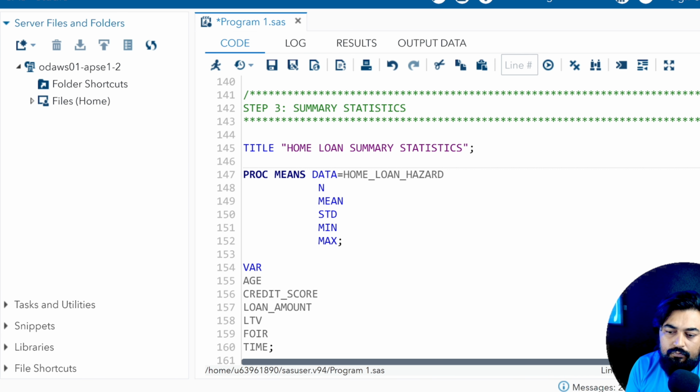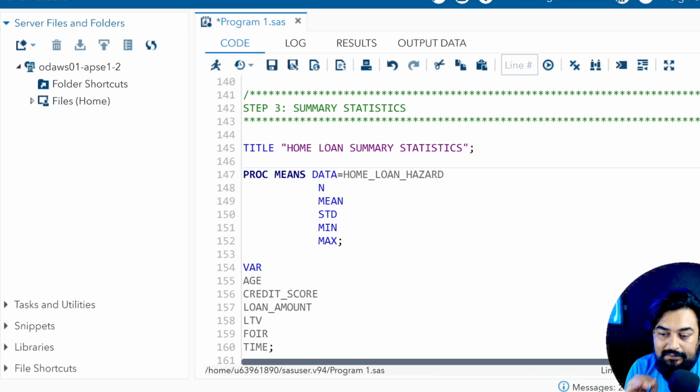As I said, the questions that can be answered by this are: what is the average borrower age, what is the average credit score, what is the average loan amount, what is the average LTV value. All these questions can be answered using this particular step. Okay. Now just try to understand with an example interpretation. If the average LTV value is, let's say, 75%, just assume. It means on average, the bank is financing 75% of the property value.